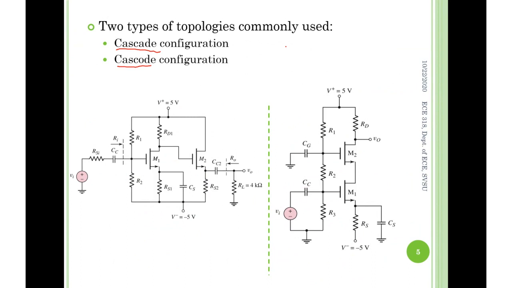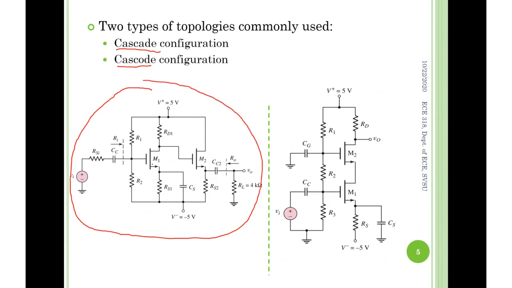If that is clear, then we apply that rule onto the first one. The first one is cascade. You're seeing MOSFET M1 and M2, the two stages. So by looking at the circuit, what is the common circuit for M1 and what is it for M2, respectively?